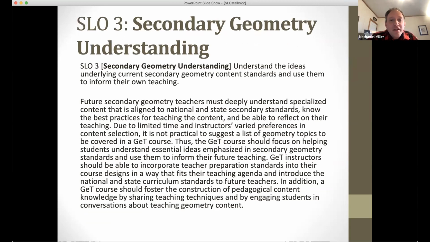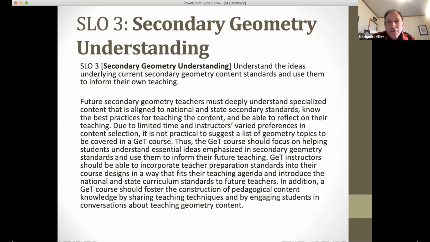Secondary geometry understanding. So that's understanding the ideas underlying the current secondary geometry content standards and using them to inform their own teaching. There are a lot of different things that could be in a secondary geometry course, and we didn't want to have just a big list of, you should understand the Pythagorean theorem and you should understand triangle congruence and so on and so forth. So instead, what we said is you should understand the ideas underlying the current secondary geometry content standards, because those might evolve as time goes on.